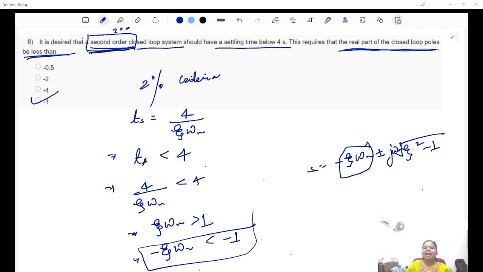So settling time has a direct relation with the real part of the pole of the system. I hope this is clear. If it is, then we'll move to the next question.